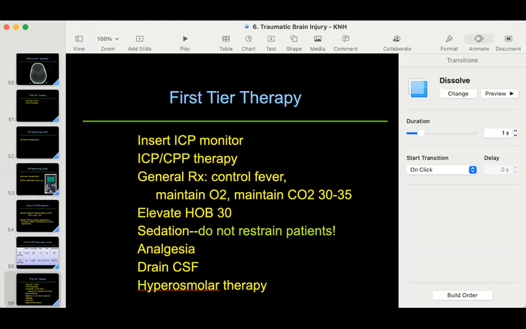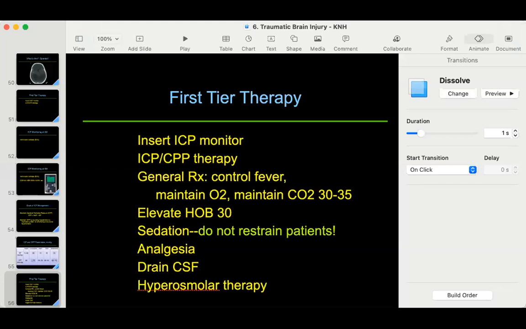It usually recommends mannitol. Mannitol is an osmotic diuretic. It's a big molecule that remains within the vessels, and so it's able to use osmotic pressure to remove water from the brain, hence reducing the pressures.